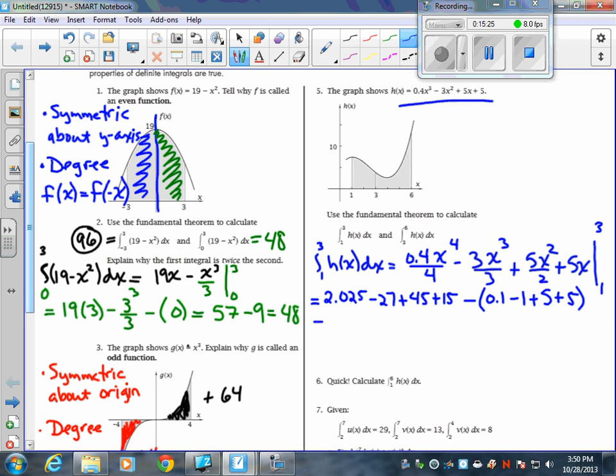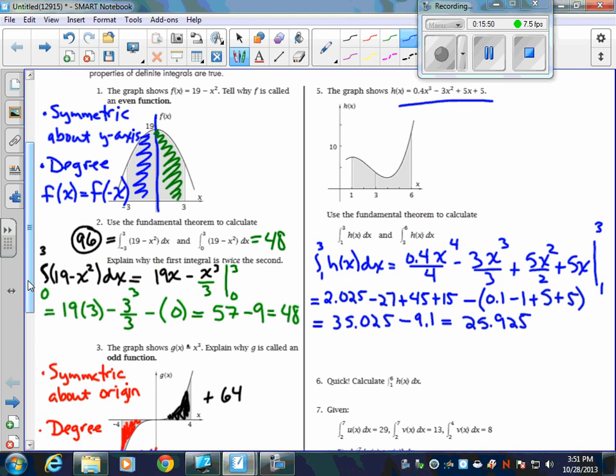And when I evaluated that, I got 35.025 for when I plugged in 3 for x, subtract 9.1 is what I got when I plugged in 1 for x, and then I got 25.925. At this point, it is important that you pause the video and make sure that my answers are right, or make sure your answers are right, whichever way you want to look at it.